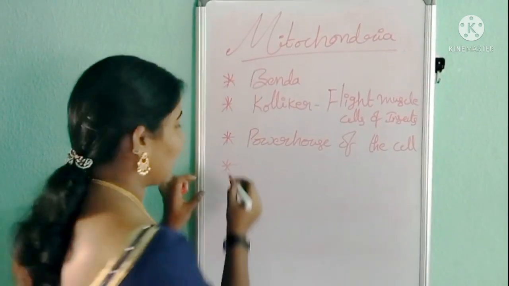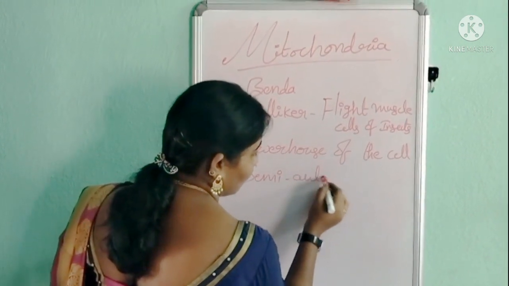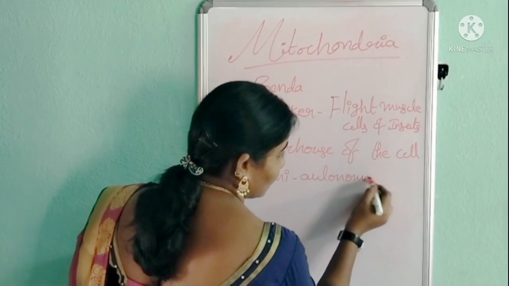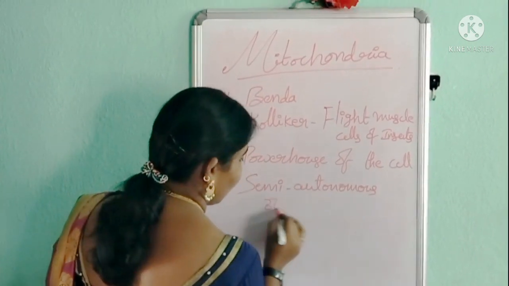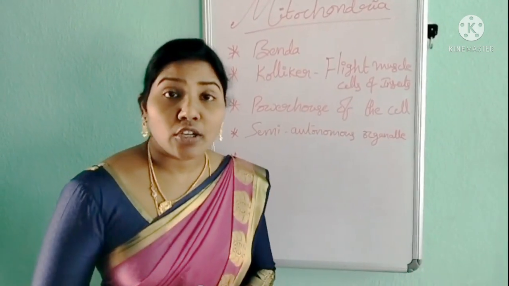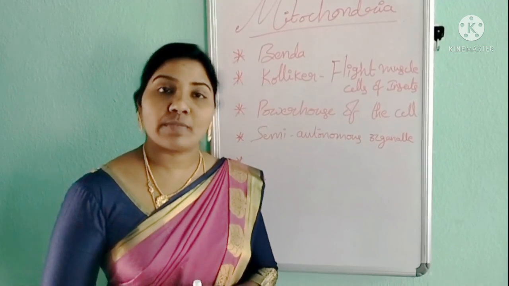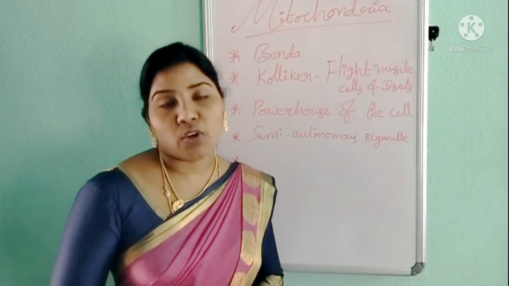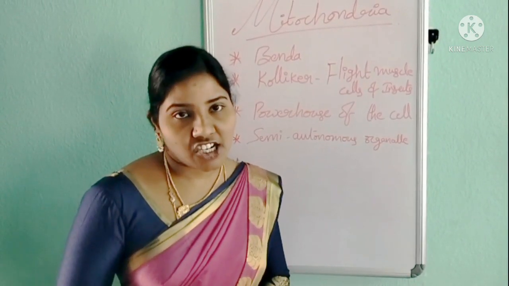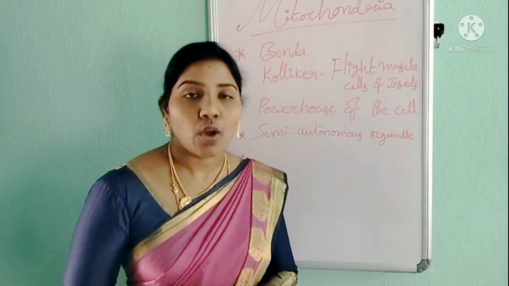A semi-autonomous organelle means the cell organelle is able to perform certain activities on its own. For example, replication. The mitochondria do replication on their own.